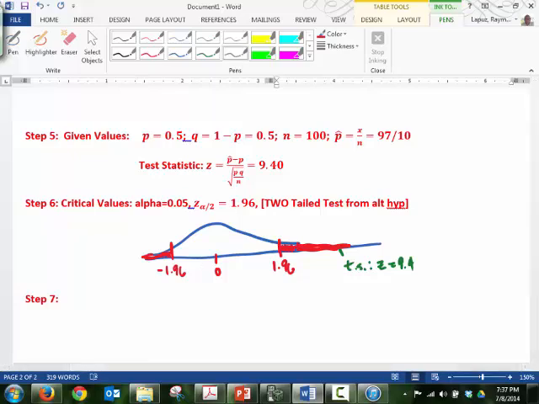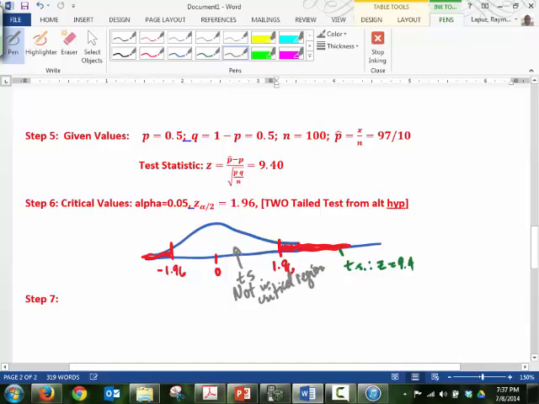So if we happen to have landed here, then our test statistic is not in the critical region. Okay? Should I leave this here, or is that going to be confusing? We'll see some more examples where we talk about the critical region in a lot more detail.